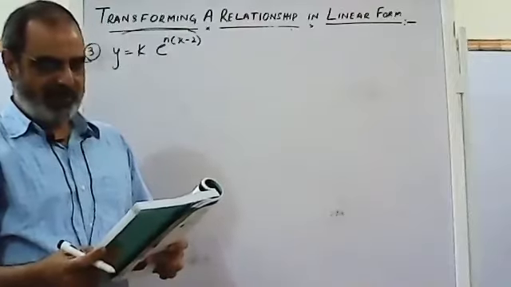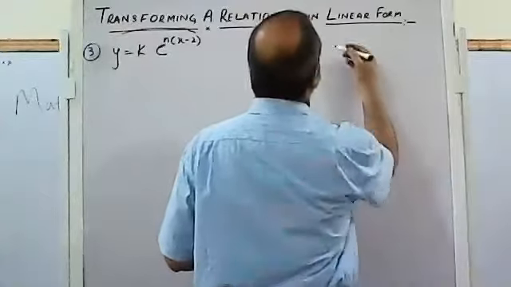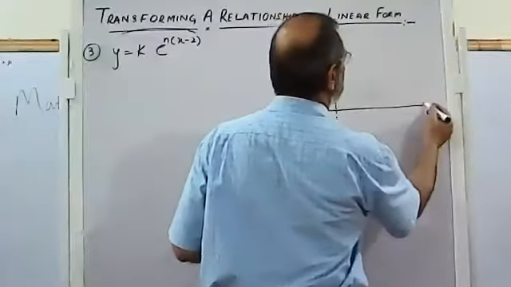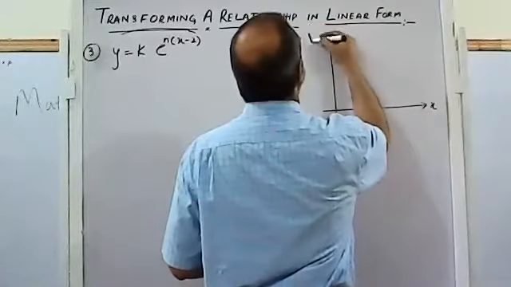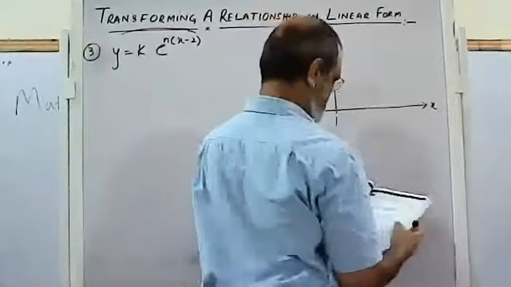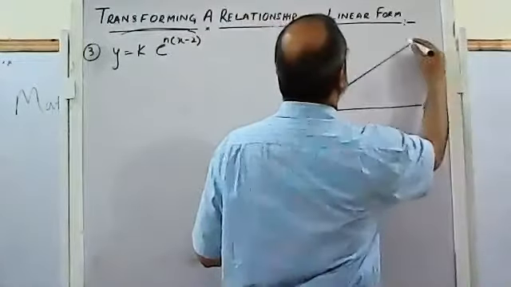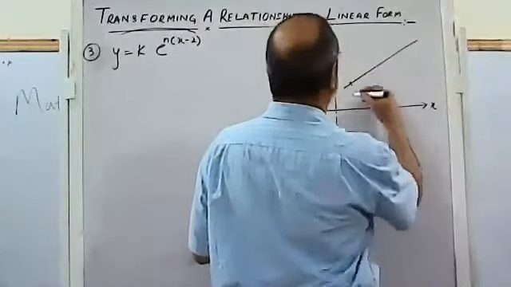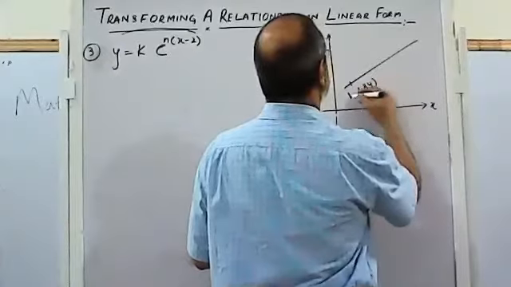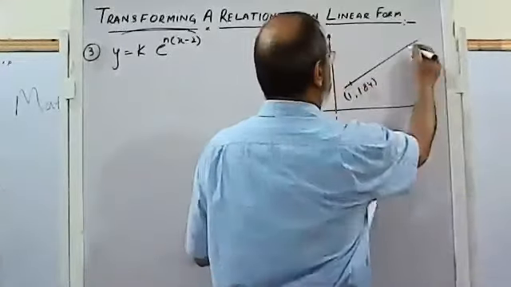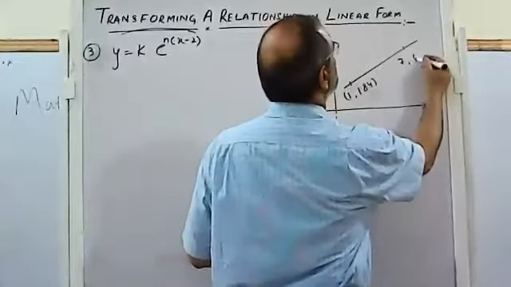The graph of ln of y against x, you can see it is between x and ln of y, and 2 points are mentioned on it: 1 and 1.84, and the other point is 7 and 4.33.